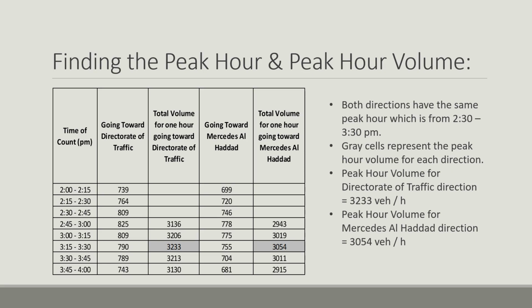So we found that the peak hour volume for the direction going towards the Directorate of Traffic is 3233 vehicles per hour, and for the other direction it is 3054 vehicles per hour. Both directions have the same peak hour, which is from 2:30 to 3:30.